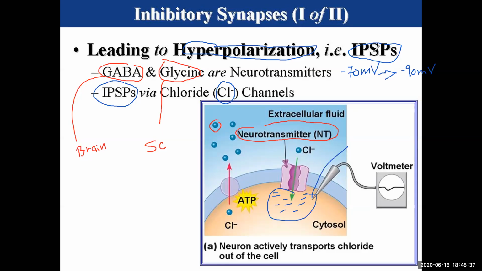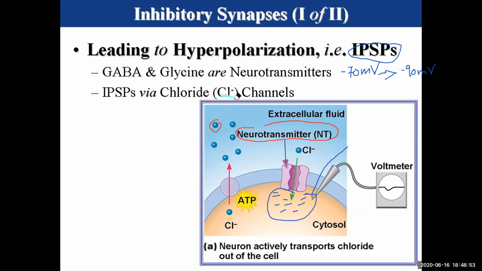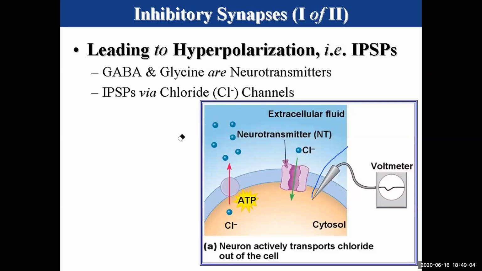So the axon hillock will not be able to get to the threshold potential so it can fire an action potential. So that's one way of creating an IPSP. There's another way of creating an IPSP, and that's on the next slide. So there's yet another mechanism. There are two ways to create EPSPs, and now we're going to learn there are also two ways to create IPSPs.